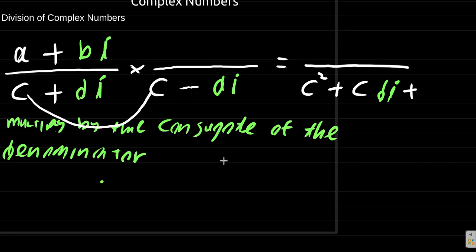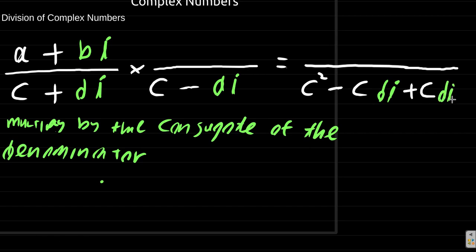C times C gives us C squared, plus C times negative DI will be a minus CDI. See that? Then DI times C, so we have a plus CDI.